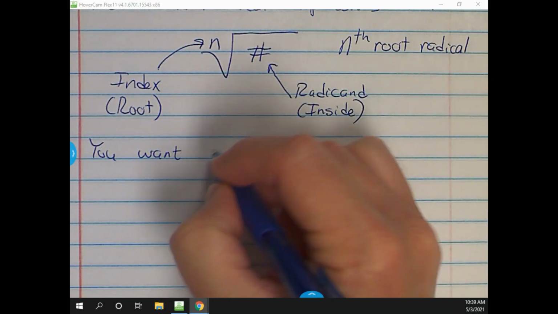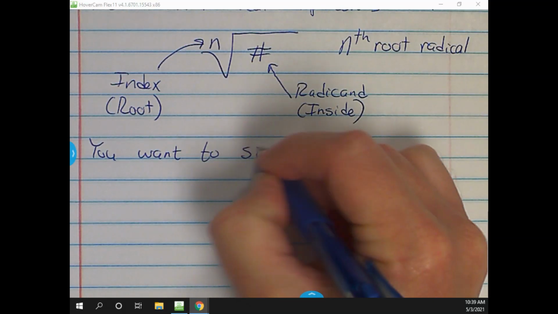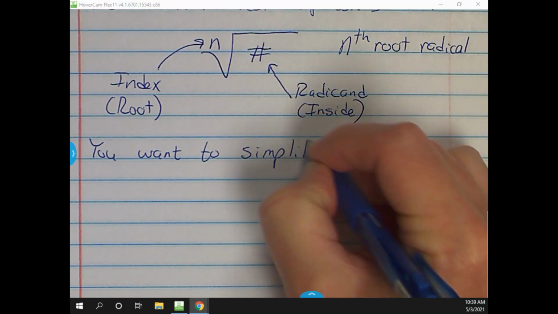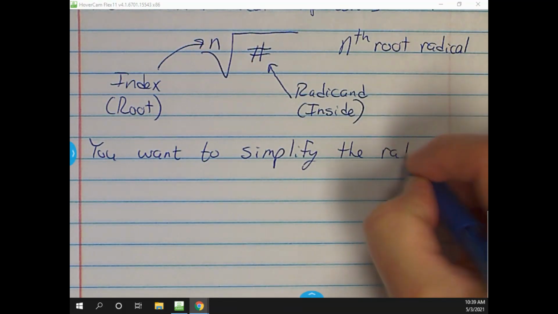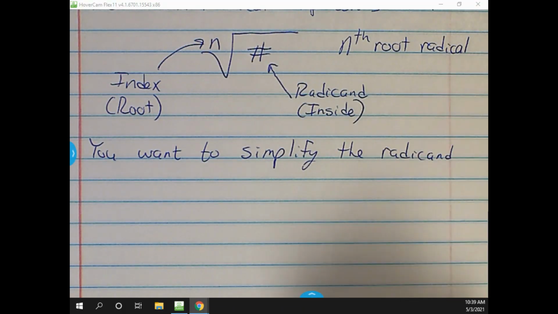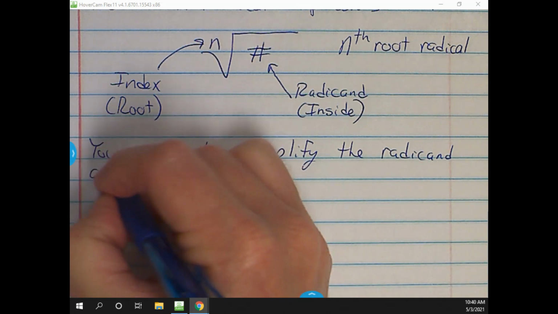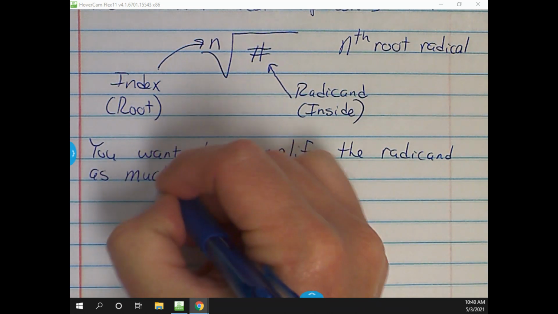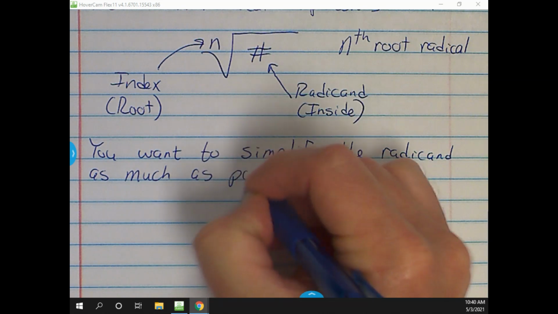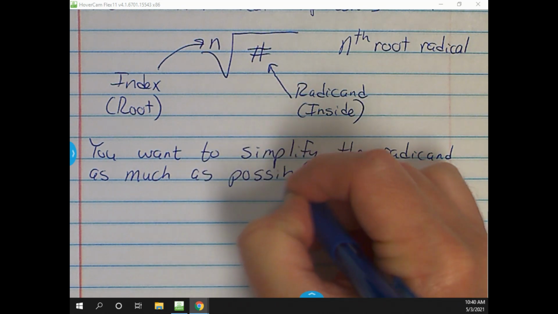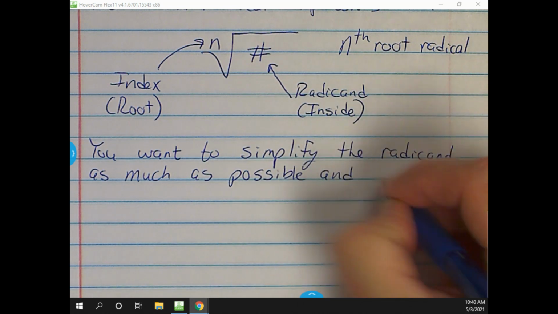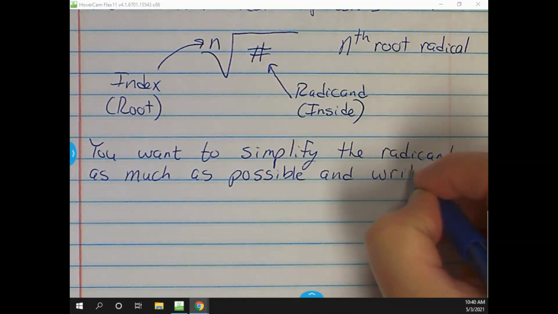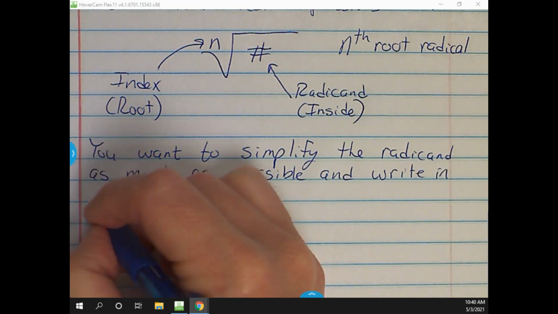Here's what you want. You want to simplify the radicand as much as possible, and then write it in factored form.